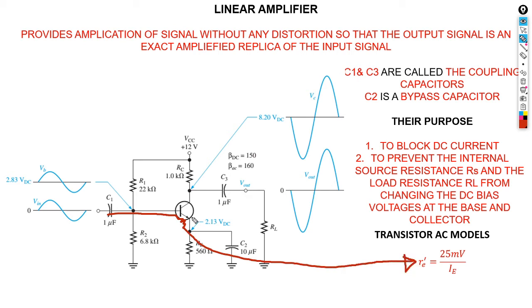Can you see? So here there will be an internal resistor, R emitter, that will be created in our AC circuit, and then to calculate it, we're gonna use this formula.